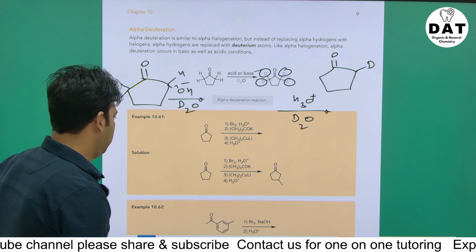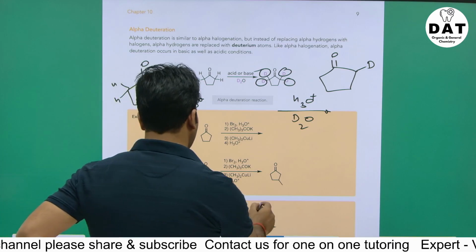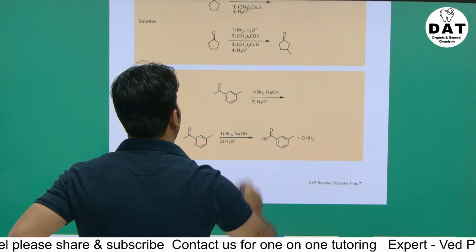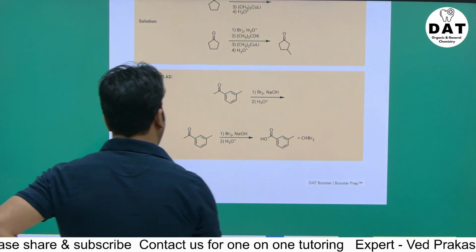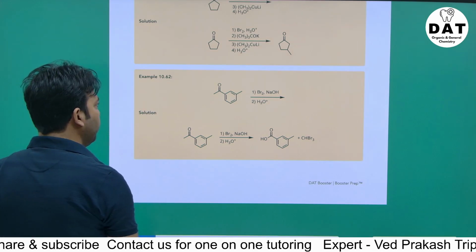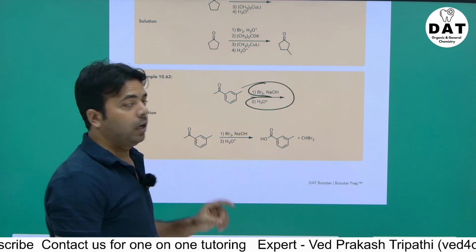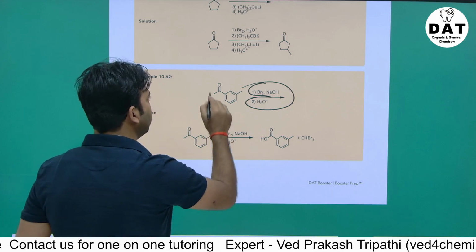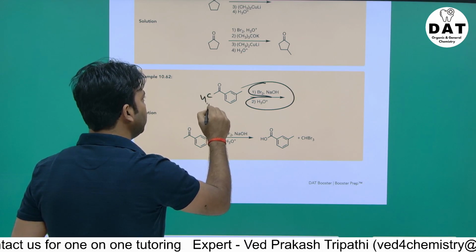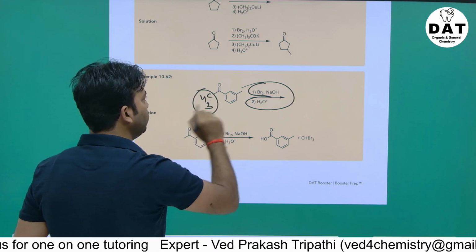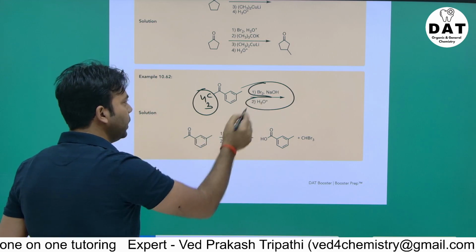Next, this is a simple one. You can see Br2, NaOH with H3O plus. This is my haloform test, and this is the keto methyl. This is methyl here. So the methyl is going to convert into bromoform because we have bromine.